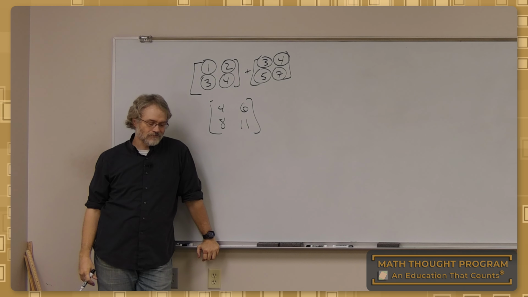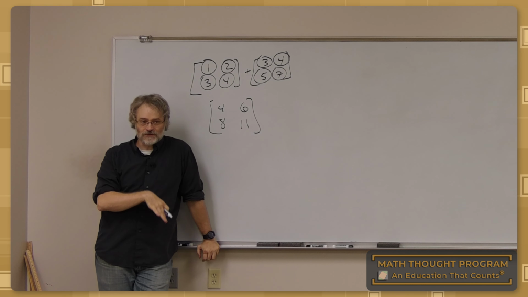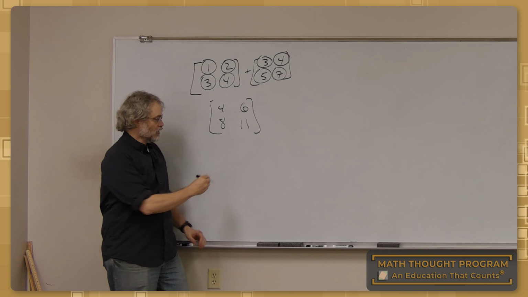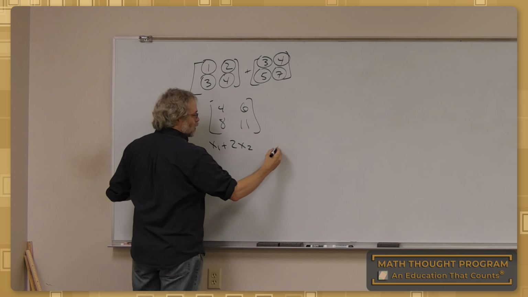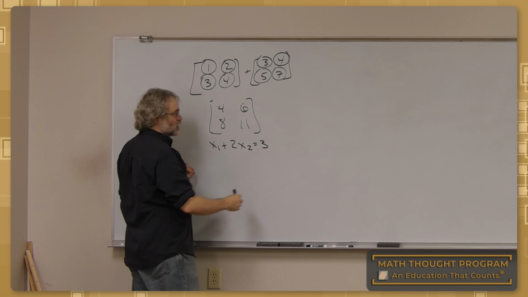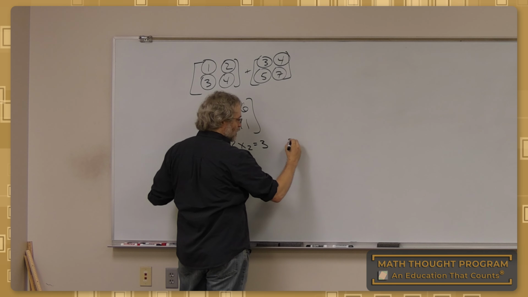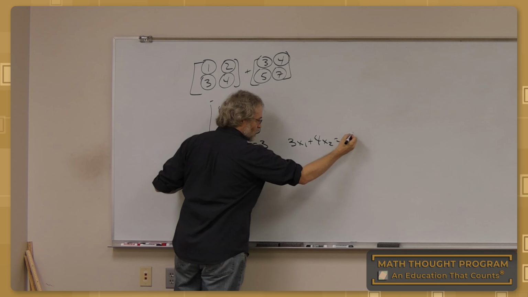Why is that the case? Well, remember, if you think about a matrix in terms of the coefficient matrix of a linear system, and you were to have x1 plus 2x2, and let's just say equals 3, for argument's sake, and you had this one over here, 3x1, 4x2, let's say equals 5.